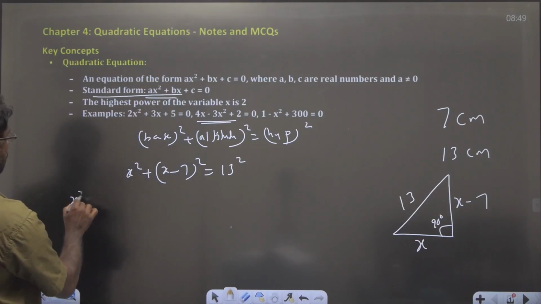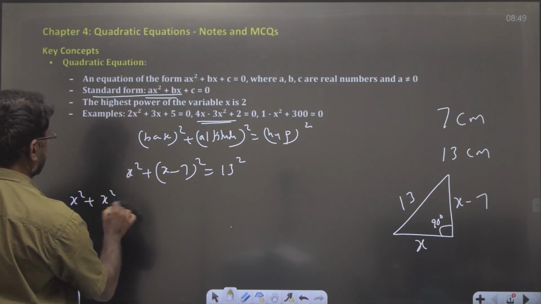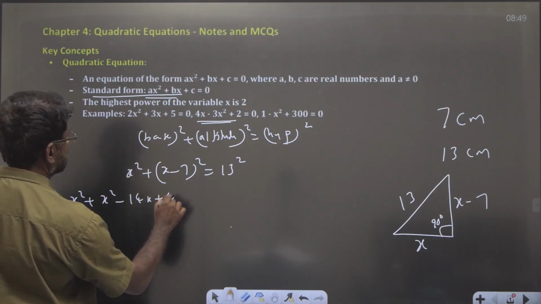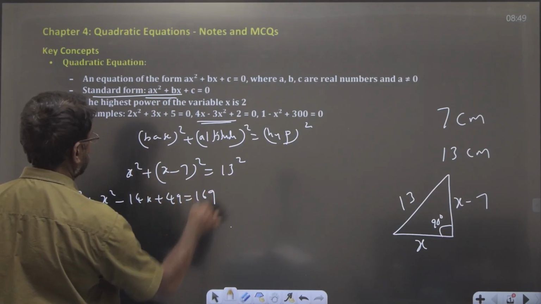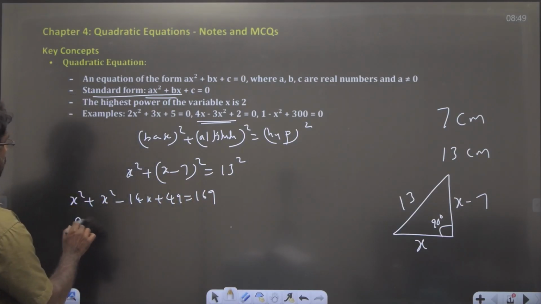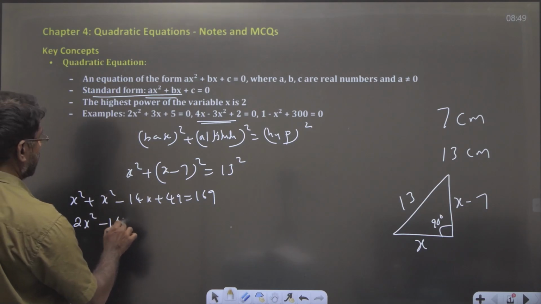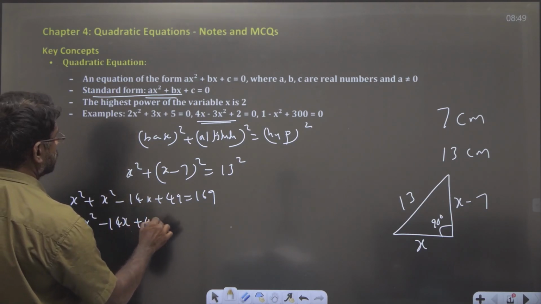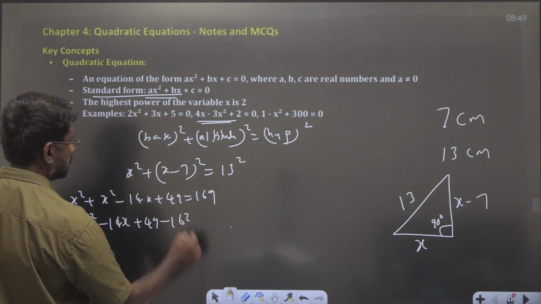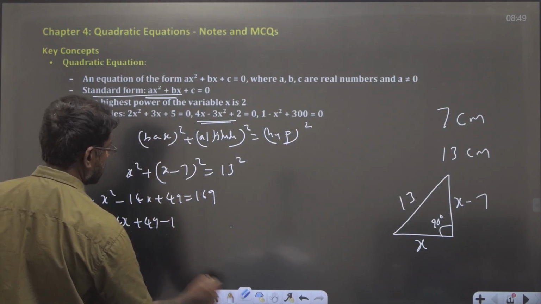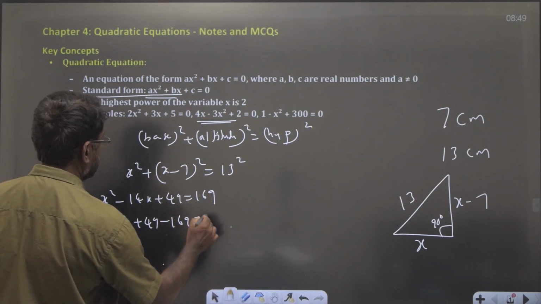Expand it: x square plus x square minus 14x plus 49 equal to 169. That is 2x square minus 14x plus 49 minus 169 equal to 0.